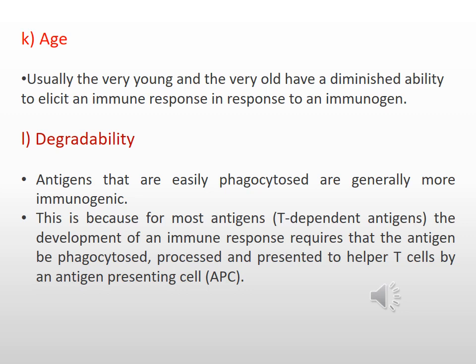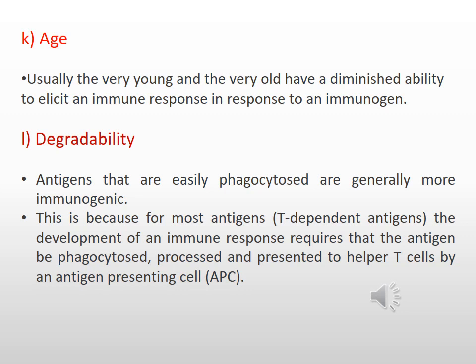Now comes degradability. What is degradability? It is the antigen which can be easily phagocytosed or endocytosed by the body and presented to the APC so that it can be degraded or fragmented further.